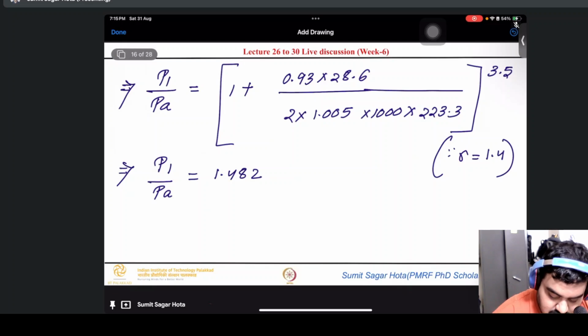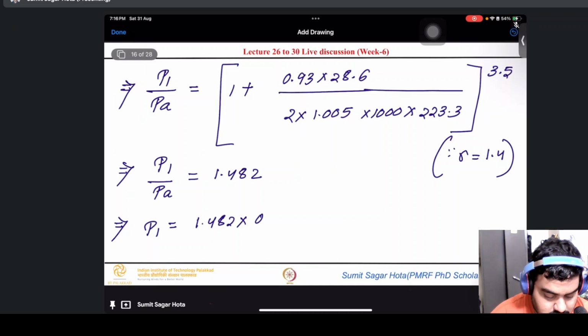Then what will be your P1? P1 is equal to 1.482 into 0.265.